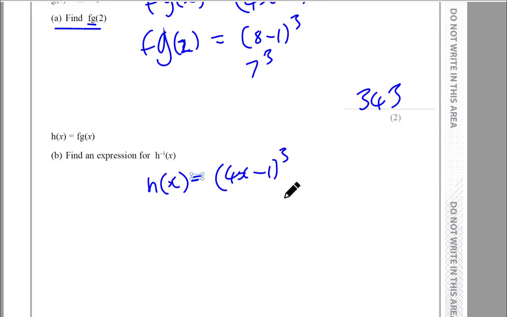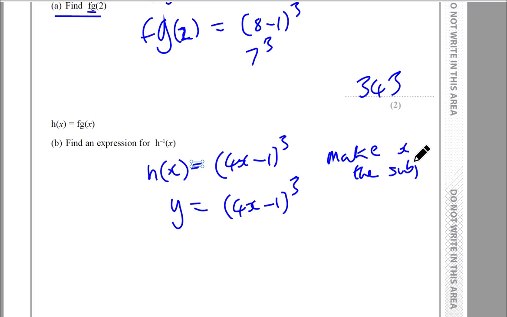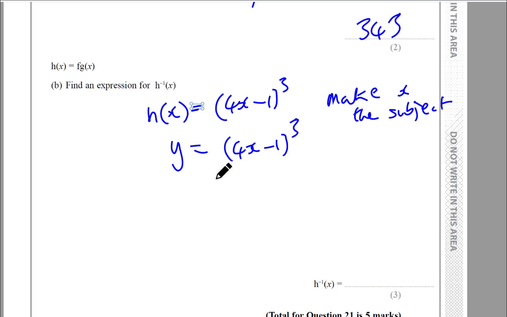So remember, let's just turn that into y equals 4x minus 1 cubed. Make x the subject, and then put the letters back into it. That's the inverse. So we're going to get the cube root of y equals 4x minus 1.